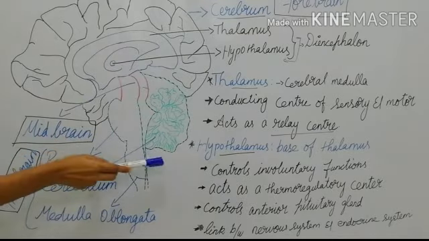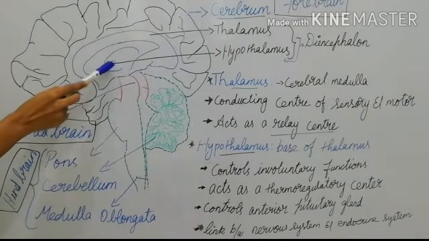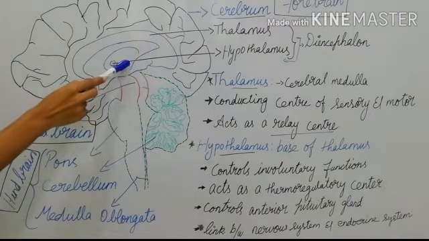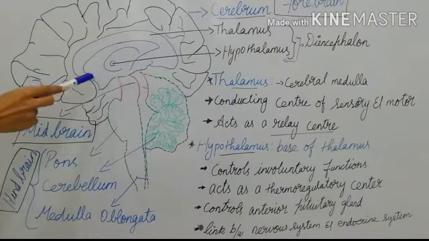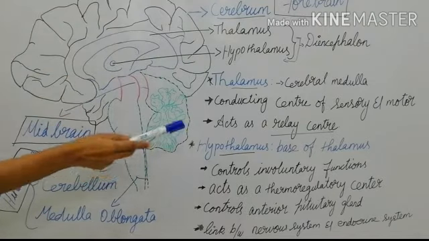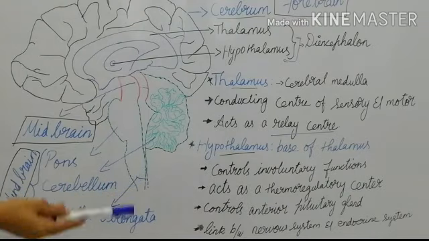And the next part is the hypothalamus, and this hypothalamus is placed on the base of the thalamus, that is, below this thalamus the hypothalamus is present. And this hypothalamus controls the involuntary functions like hunger, thirst, sleep, anger. These all are involuntary functions.